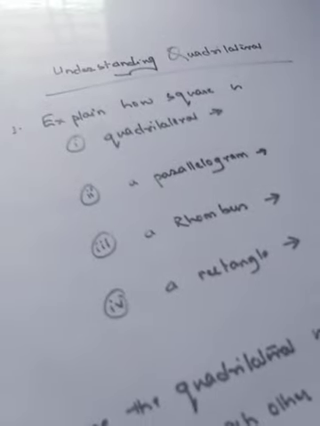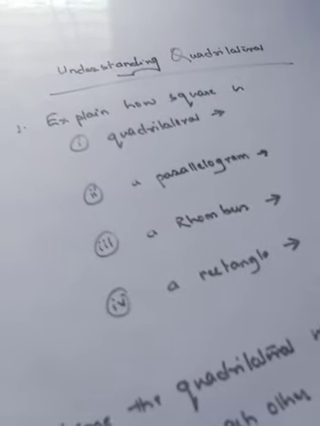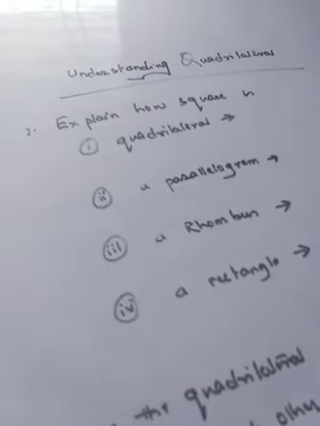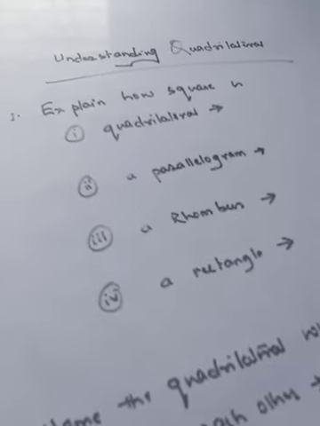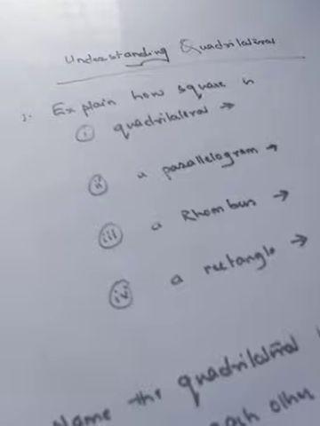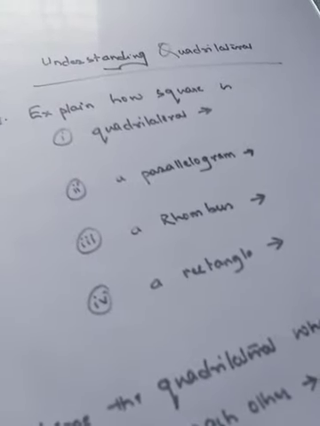So this part of Understanding Quadrilaterals is very important for those sections. These two sums are related to the properties of quadrilaterals. In other ways, it is very important for this class and for your higher classes also.